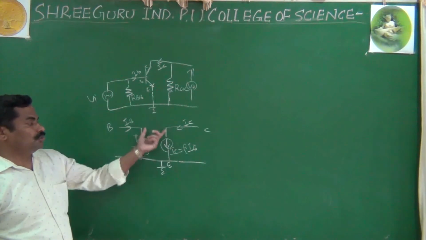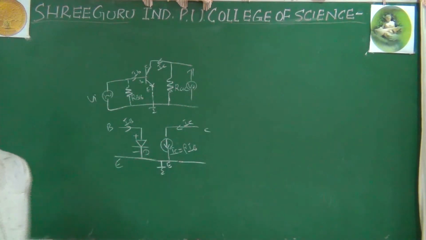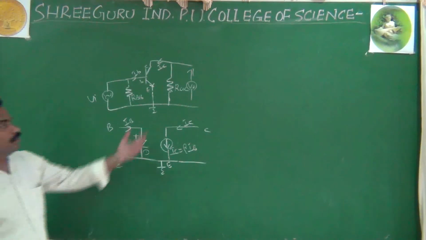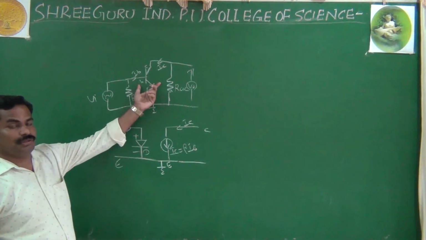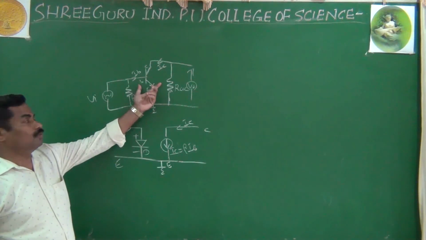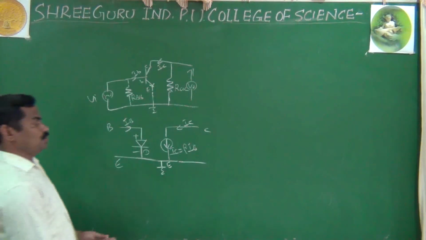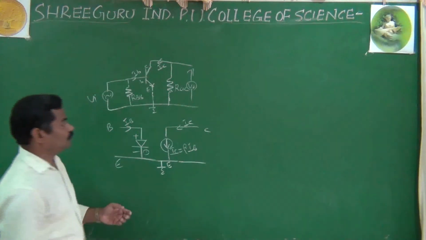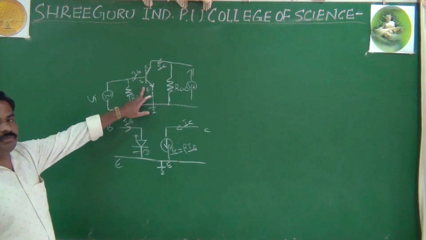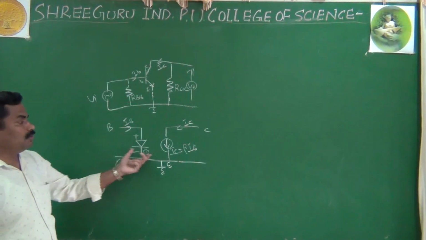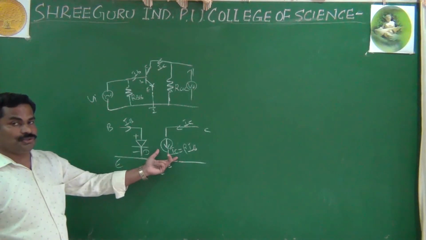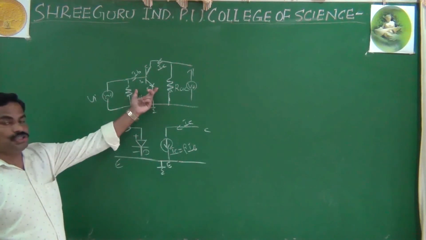By using this property of the CE configuration, we can write the CE equivalent circuit of the transistor. Now, in place of the transistor, we can write the diode as well as the constant current source.